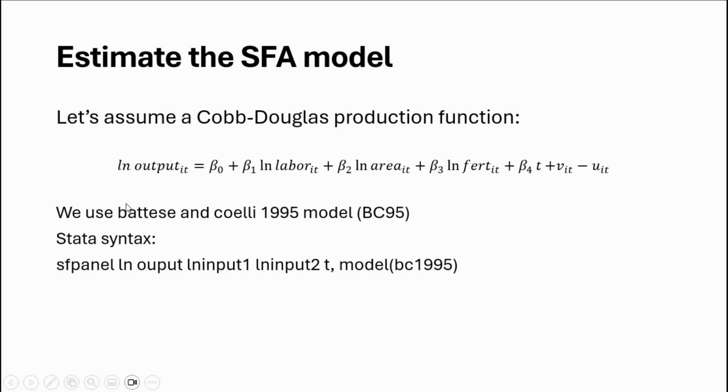In our case, I try to use the Cobb-Douglas and use the Battese and Coelli 1995 model, or BC95, and we use the Stata syntax like this one: xtfrontier, ln output, ln input 1, ln input 2, and so on. And here we include the T to catch the technical change, comma model BC 1995.